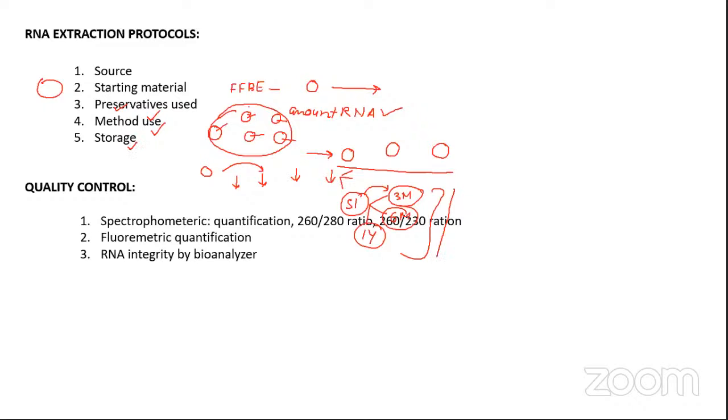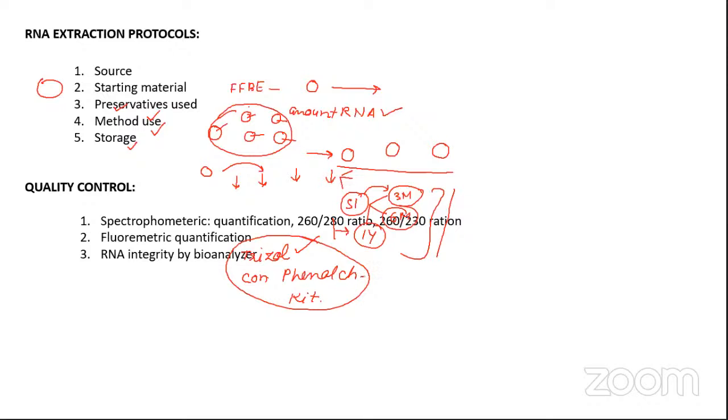Method of use. What method you are choosing for isolation. Whether you are using TRIzol, whether you are using the conventional phenol chloroform method, whether you are using the kit. So you need to see which method you are using, because if you are using TRIzol and if you are not separating your layers well, then some contamination will come.